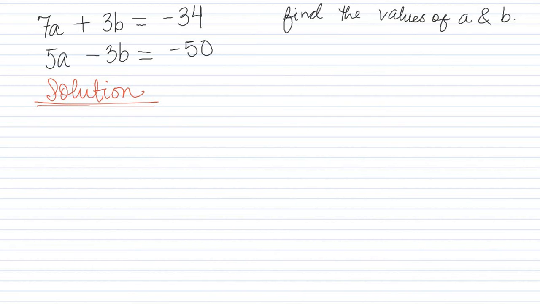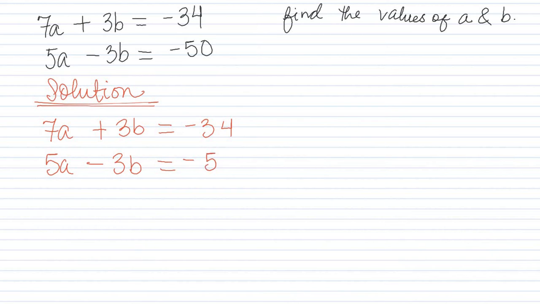So you have 7a plus 3b equals negative 34. And you have 5a minus 3b equals negative 50. Well, when we look at this question, we can see we got 7a plus 3b equals negative 34, and this one at the bottom. If you look at both equations, you see that we have a positive 3 and a negative 3.